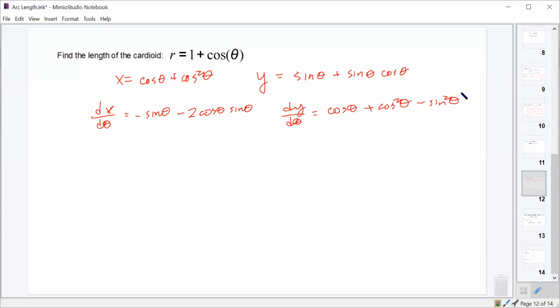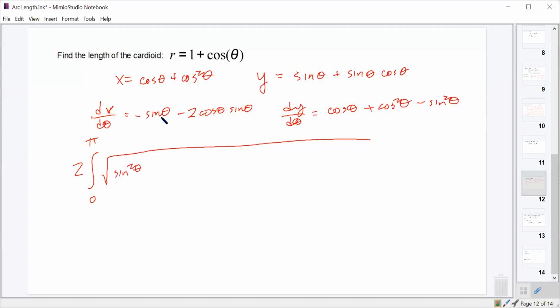Then we just need to put it inside of an integral. A cardioid is going to have a cusp on it, so it's better for us to do this from 0 to pi. That'll give us half of it, and we'll just multiply it by 2. So 0 to pi of the integral of the square root of, and if we square the first one, negative sine times negative sine is just sine squared.